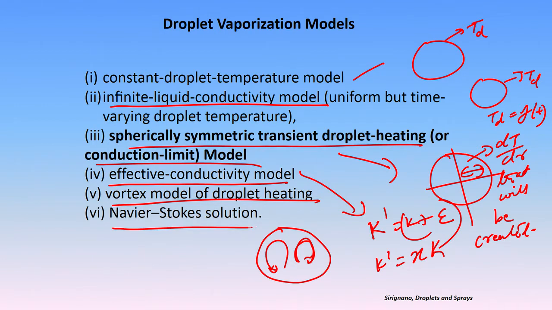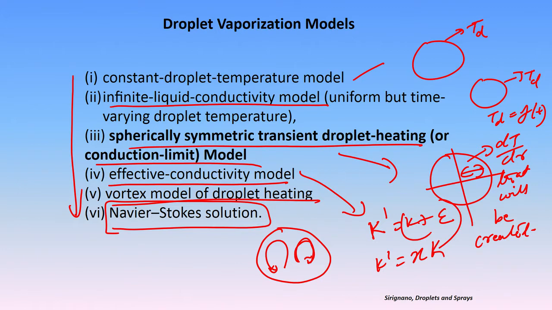And lastly, you have the full solution of the Navier-Stokes equation that will of course give you the most perfect result, but albeit with a very high computational cost, and especially if you are dealing with lots of droplets, this can pose a bit of a problem. So, in increasing order of complexity you basically do this kind of problems. First two are very easy, the third one is a little difficult.